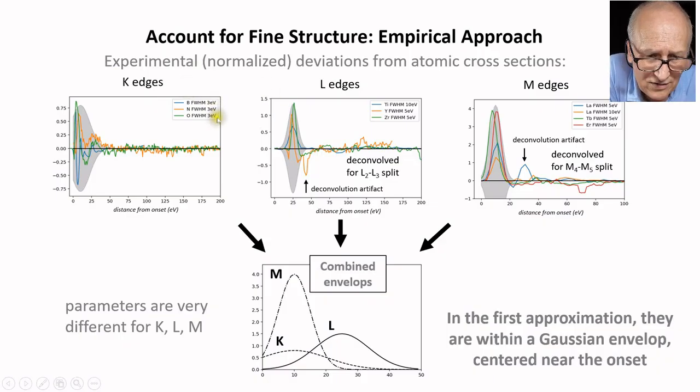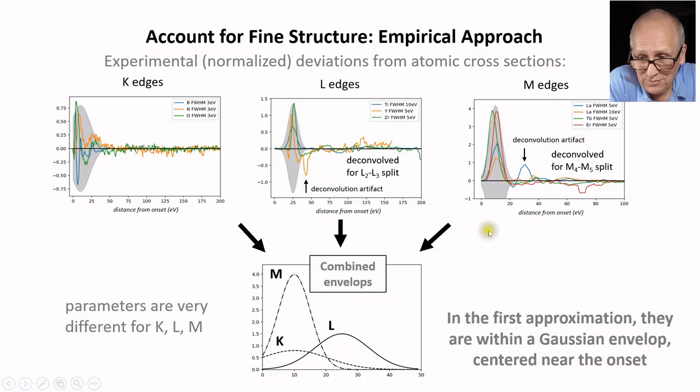I took, for instance, oxygen for K, titanium, yttrium, zirconium for L, and lanthanum for M edges. We can notice that these extreme variations, near the onset of course, all lie inside a certain envelope defined by some empirically found function.